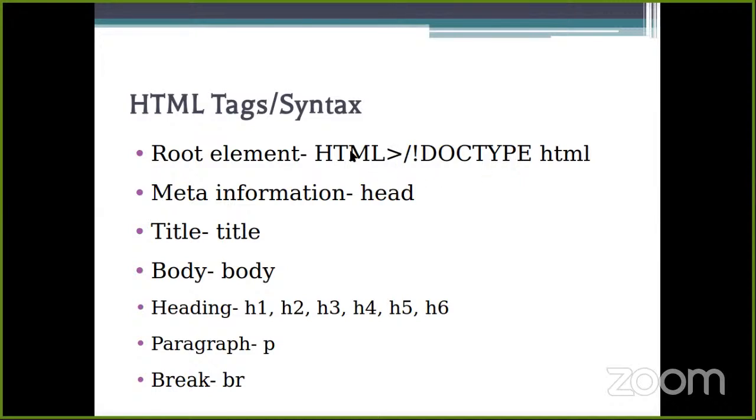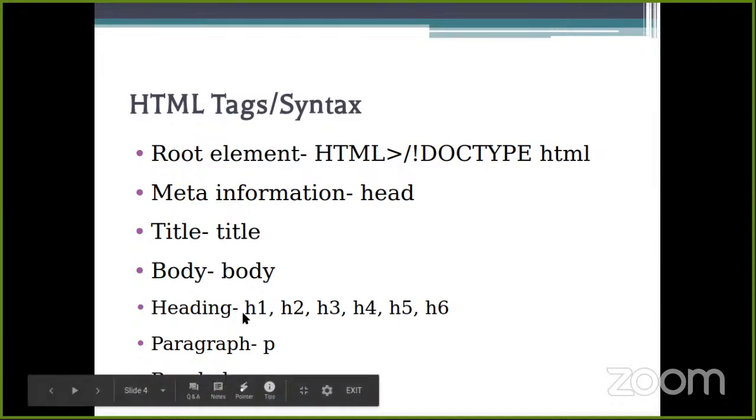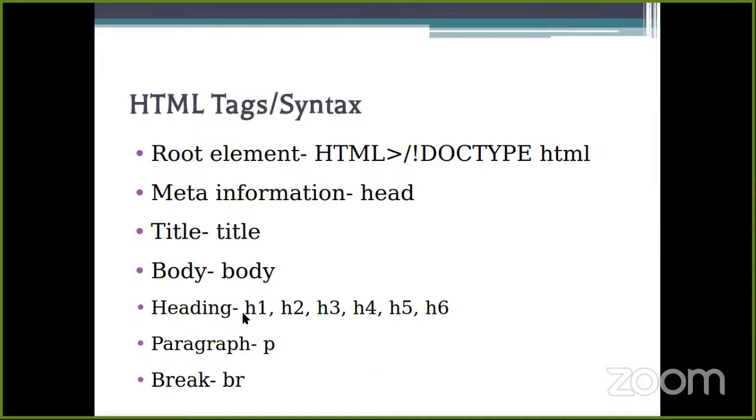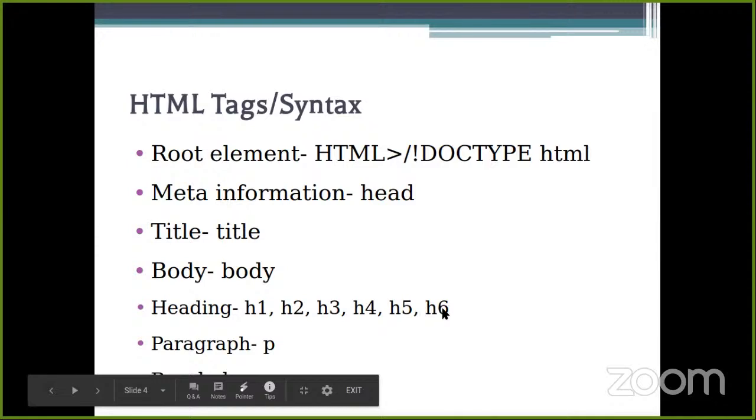A plain html tag denotes a lower version, basically an older version. For meta information we use the head tag. For the title we use the title element. For the body, we use the body tag. For headings we have six types of tags: h1, h2, h3, h4, h5, h6.